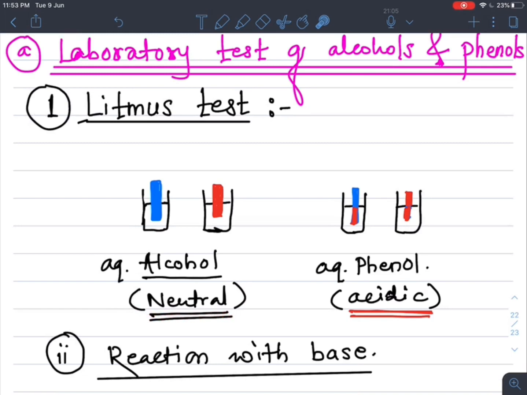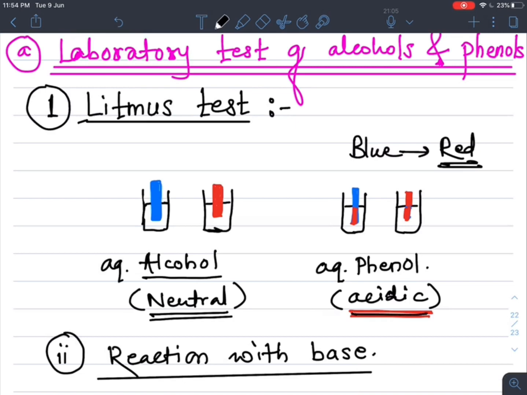But in case of phenol, if we take aqueous phenol and dip the blue litmus in the phenol, it changes to red. So blue litmus changes its color to red, which means it shows its acidic nature.